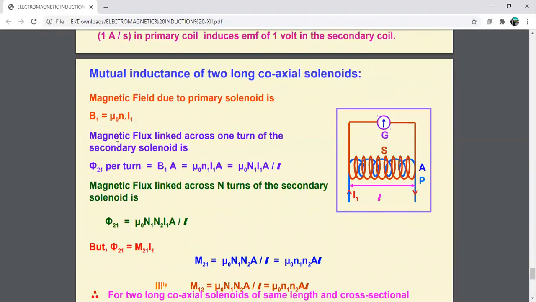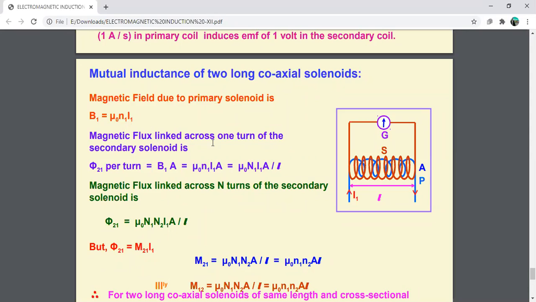So the magnetic field in the first coil due to current I1 flowing in it is given as B1 equals mu naught n1 I1, where n1 is the number of turns per unit length of the primary coil, or first coil.